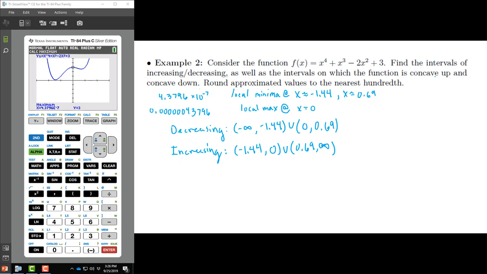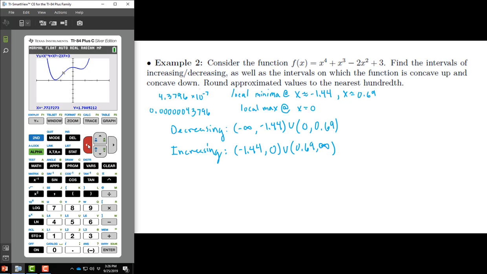Now concave up and concave down. Remember, that happened at inflection points. I'm not going to have us use the calculator to zero in on the approximate value of the inflection points, other than to just eyeball it. If we use this trace button, that allows you to trace along the graph. Let's eyeball here.